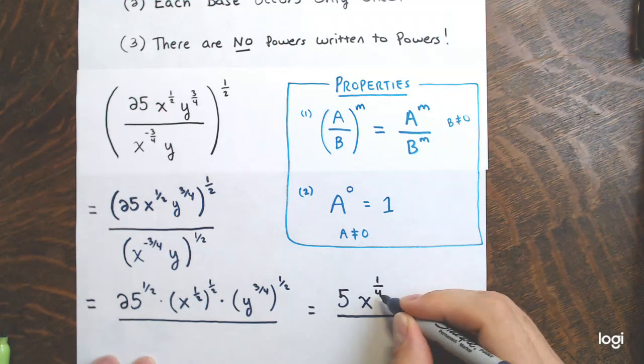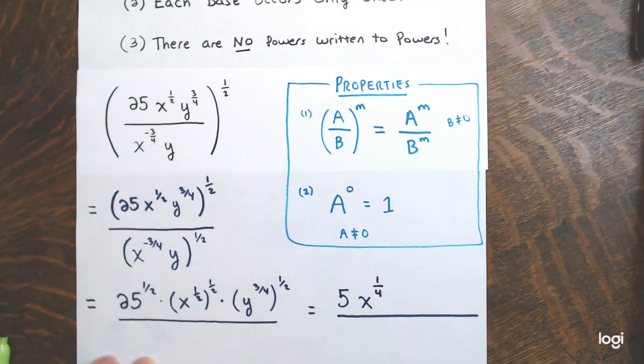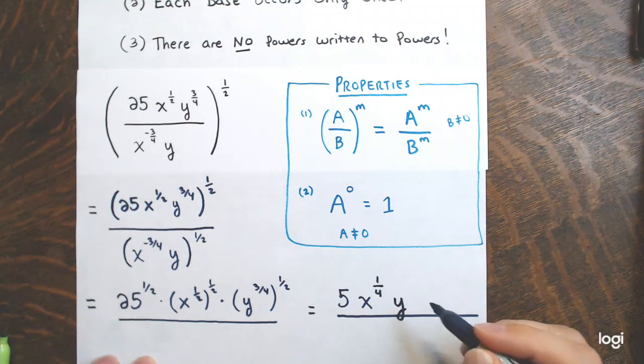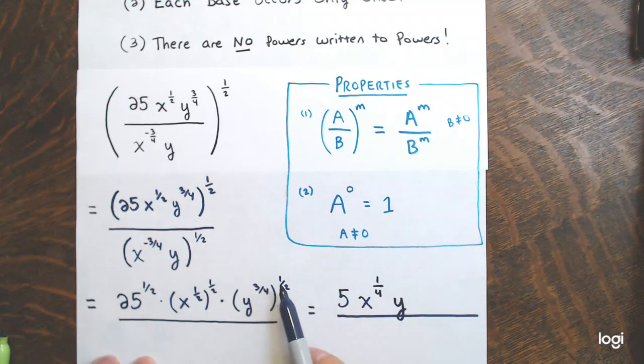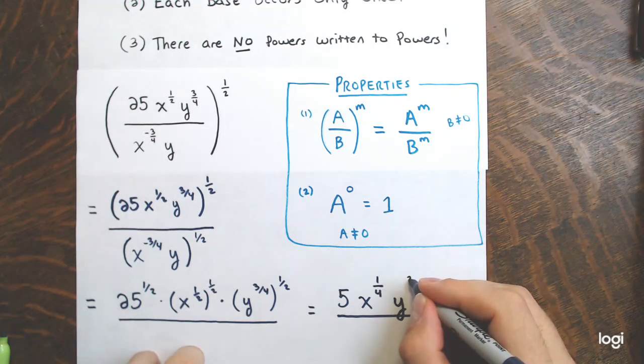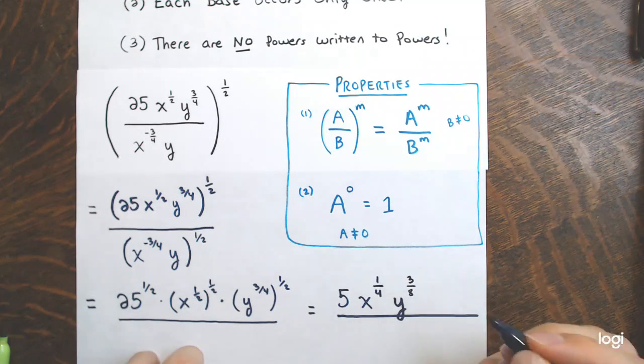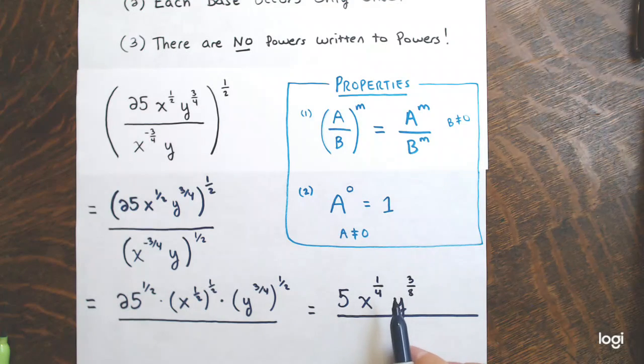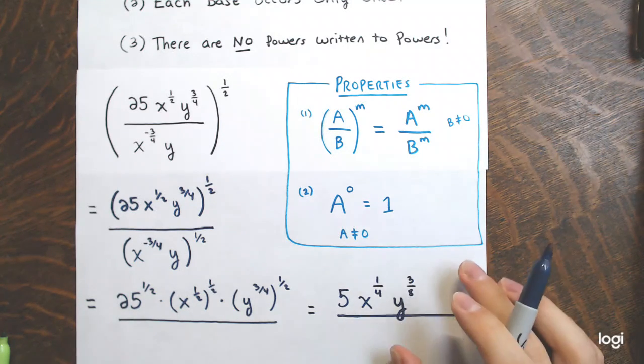That'd be to the 1/4 power. Times, and then you have y, and then again power to a power. y to the 3/4 to the half, so you keep that base of y. And then 3/4 times 1/2, that'd be 3 times 1 in the numerator, 4 times 2 in the denominator, 3/8. y to the 3/8 power. So there's the numerator totally simplified: 5 times x to the 1/4 times y to the 3/8.